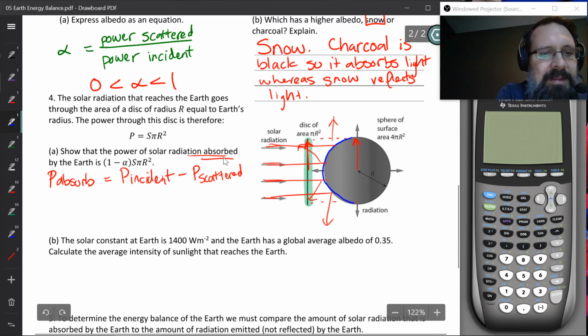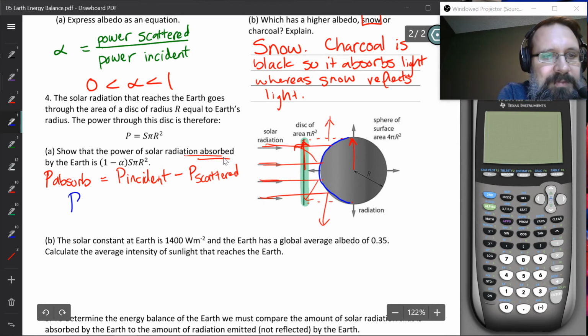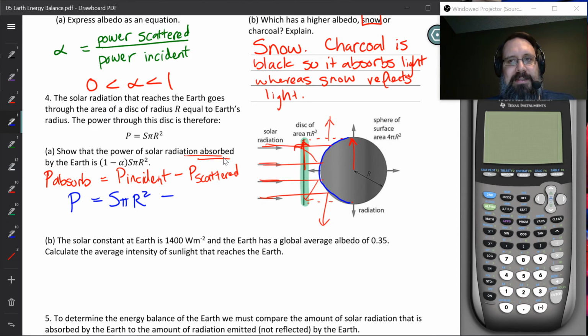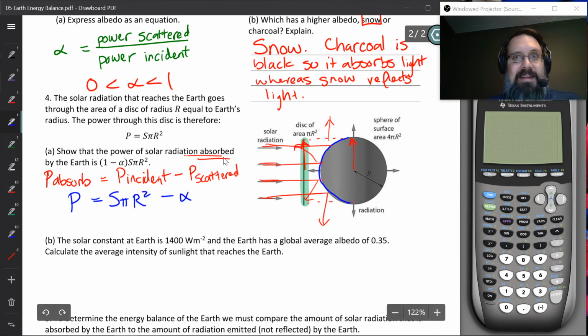All right, so to find the power absorbed, I'm just going to call it P now. We need to take the power incident, which we have as S pi r squared, minus the amount that gets scattered. The scattered amount is going to be the albedo of the Earth, the reflectivity of the Earth. This is the percentage of light that gets reflected, times S pi r squared.